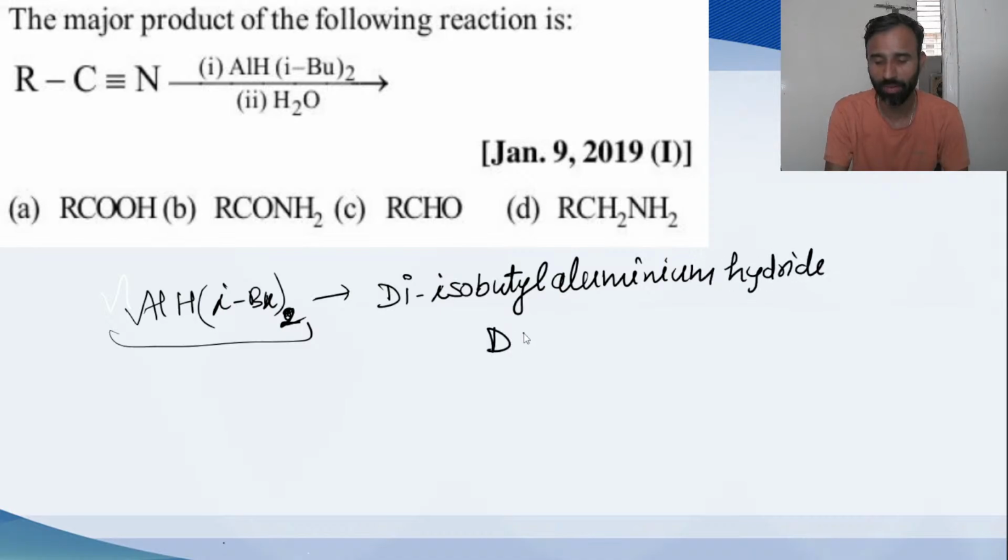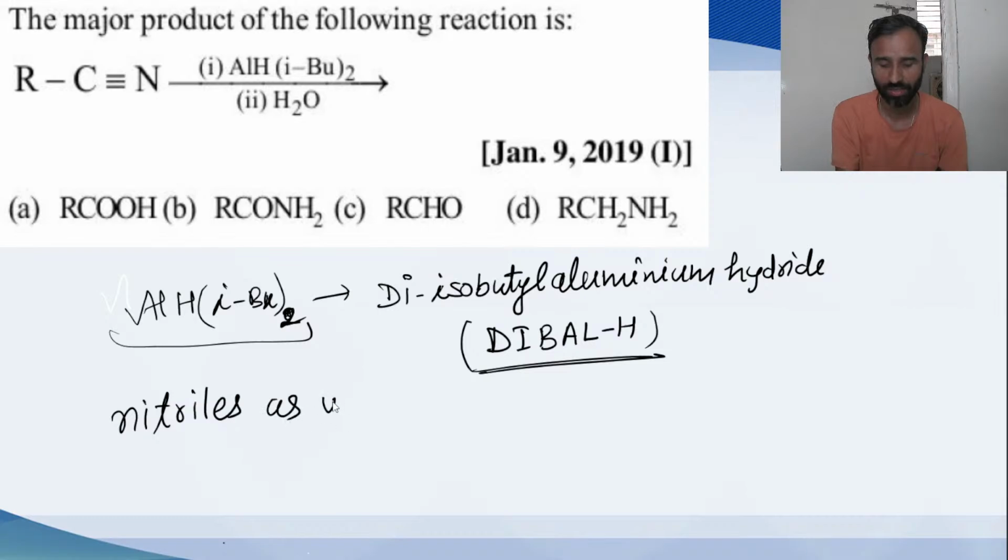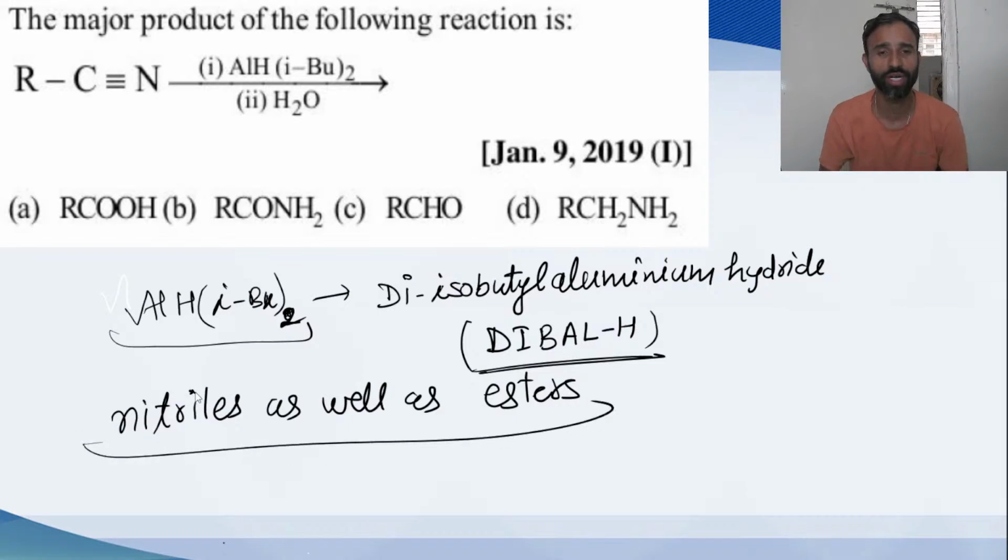That is, this is DIBAL-H. And DIBAL-H is used for what? It is used to reduce nitriles as well as esters. That is very much given in the NCERT book.